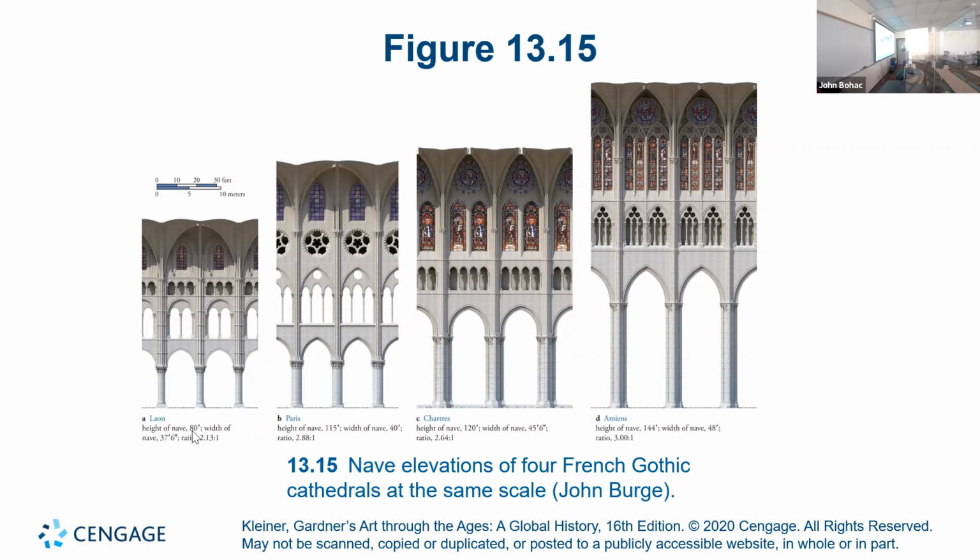And so height of nave at Lyon, 80 feet. Paris, because it's Notre Dame, Paris, 115, 120, 144 feet high. And so you can see that was the ambition, that was the purpose, to move higher.